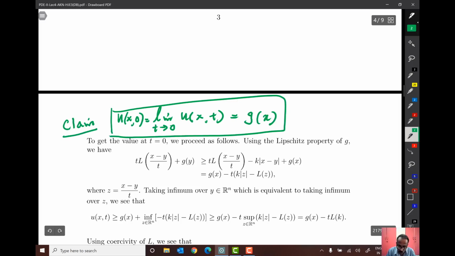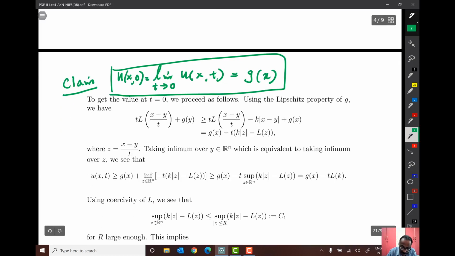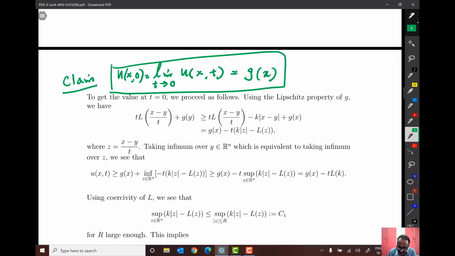So you use the Lipschitz property. It's not difficult, but it is a bit technical. So you look here. This term is this one, so I use this one, and to this one you apply Lipschitz continuity. By Lipschitz, I know that the modulus of g(y) minus g(x) is less than or equal to K times |x minus y|.